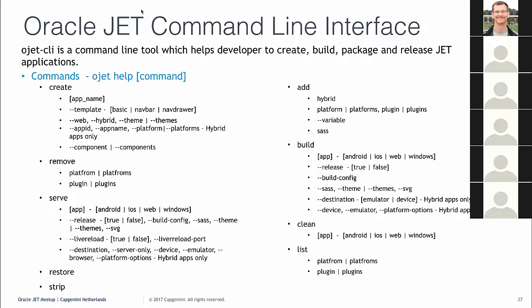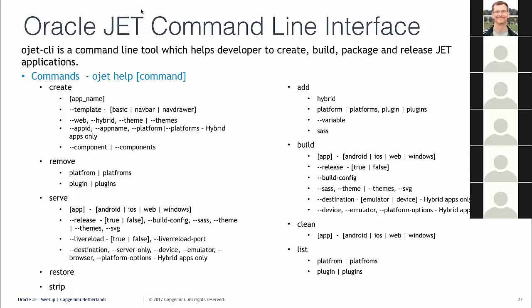You can also pass a build config, which is quite important when you are actually working on a hybrid app, where you can specify your debug keys to sign the app before you test it. Also quite important in the hybrid app platform is the destination, where you can specify if you want to expose this to an emulator, or you can expose this to a normal web browser.